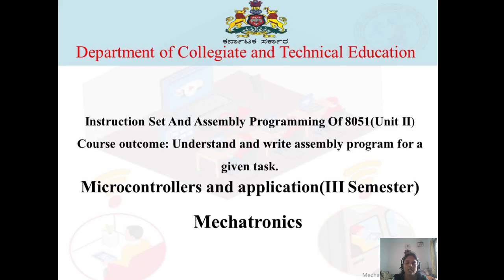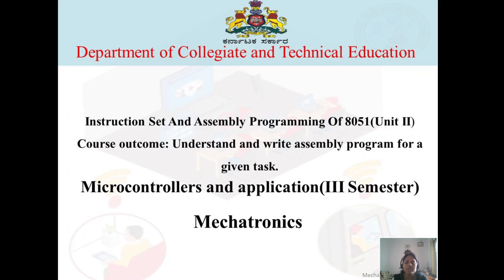We have three ranges: relative range, that is from minus 128 to plus 127. Then absolute range, from 0000H to 07FFH. Then long range, from 0 to 64K, that is 0000H to FFFFH. These are the three different ranges present in the 8051.